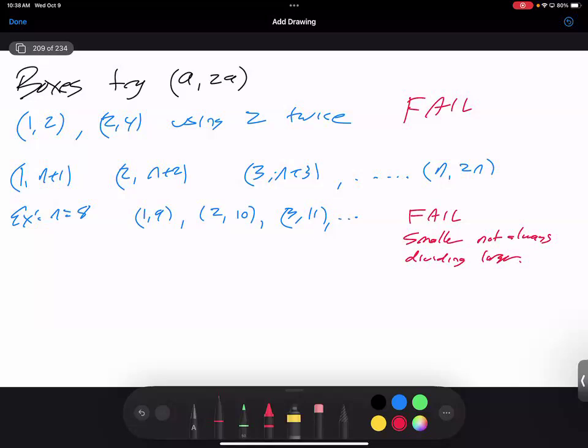So you need the following observation. I can write any x as 2 to the k times 2m plus 1.